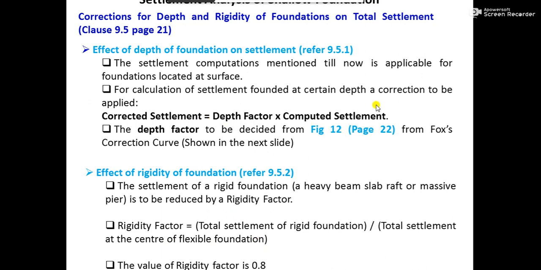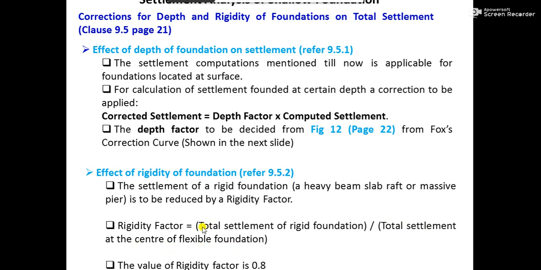That we are getting from this depth factor multiplied by computed settlement. So that is actually this corrected settlement. So what is this computed settlement? Computed settlement you are getting from that formula. So at the center of the footing, whatever is the immediate settlement, you multiply it with depth factor, and that is actually your total settlement at the center of flexible foundation.